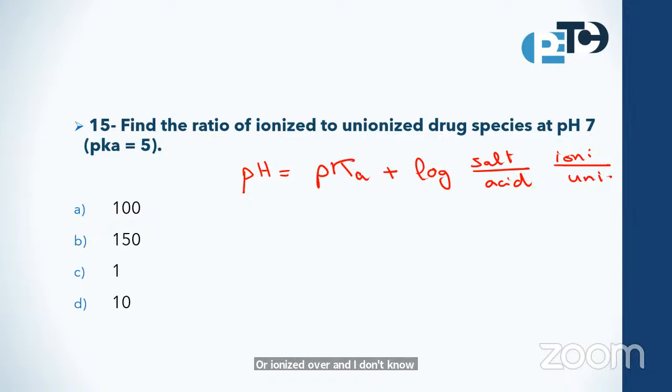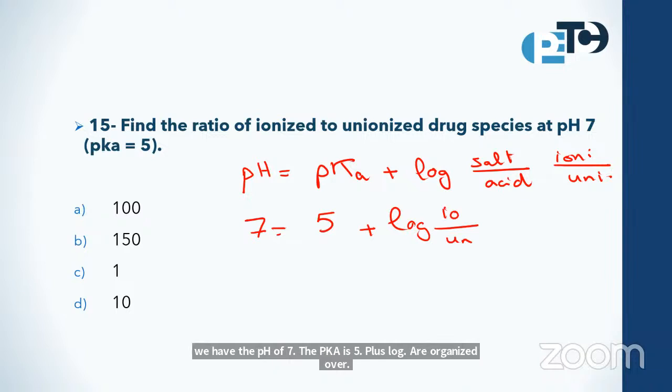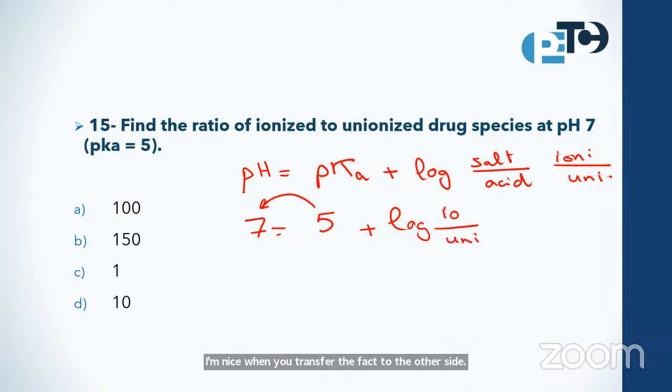Here we have the pH of 7. The pKa is 5 plus log ionized over unionized. When you transfer the 5 to the other side, it will be -5. So 7 minus 5 will be 2.